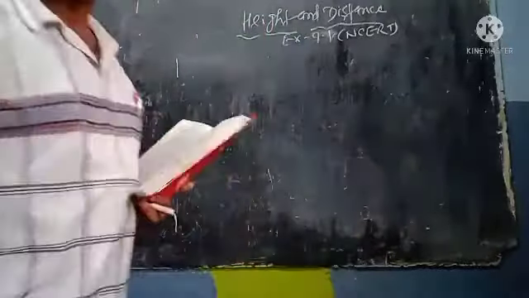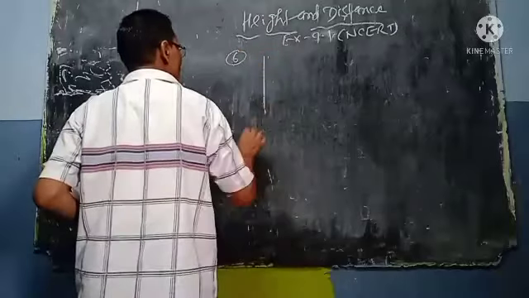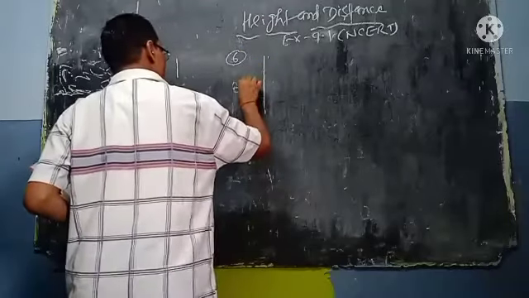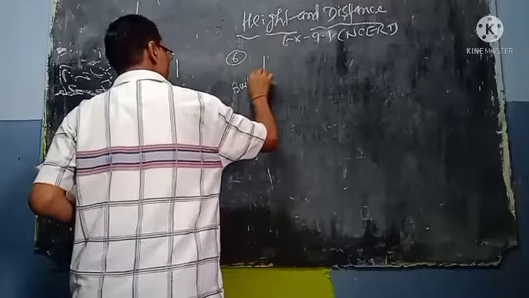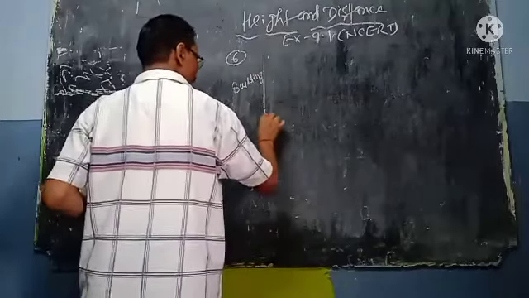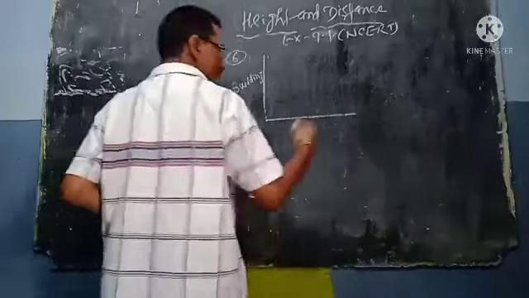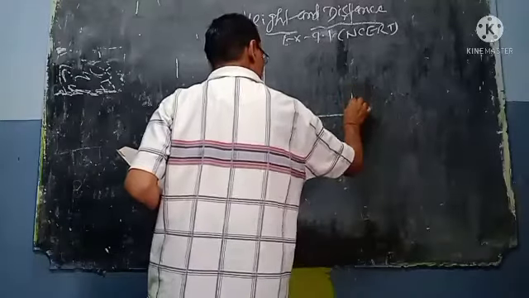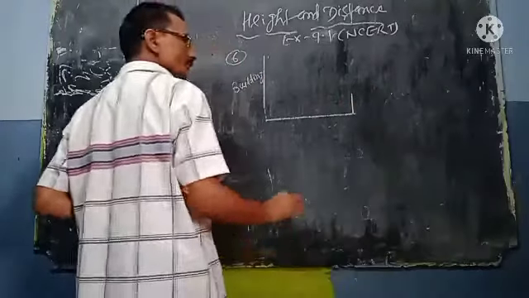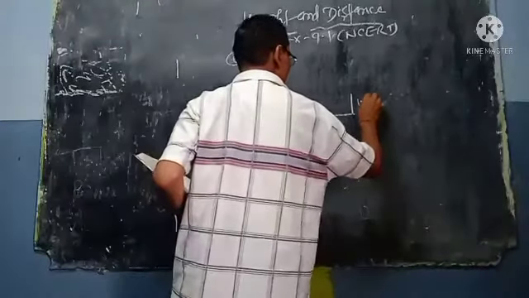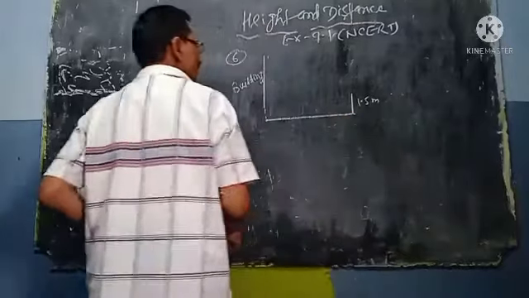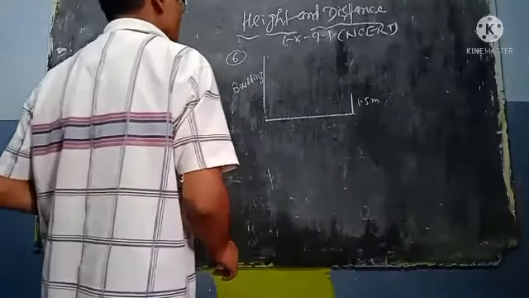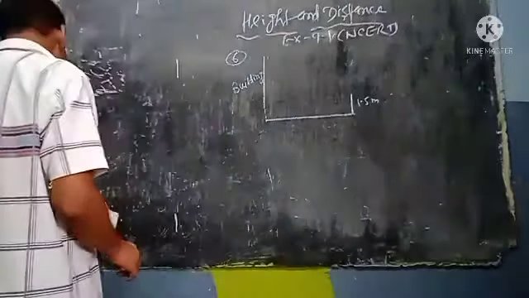Suppose this is your building, and on its opposite side here is your 1.5 meter tall boy standing here. He observes the top of the building and finds the angle is 30 degrees.